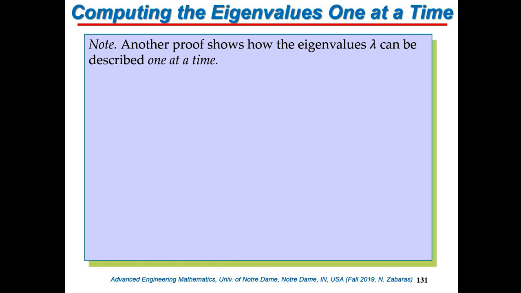It is an important numerical calculation, because in problems with very big matrices, maybe you don't care about all the eigenvalues and eigenvectors. Maybe you care about the eigenvectors that correspond to the highest eigenvalues. So let me just highlight, before we finish this lecture, how this methodology works.